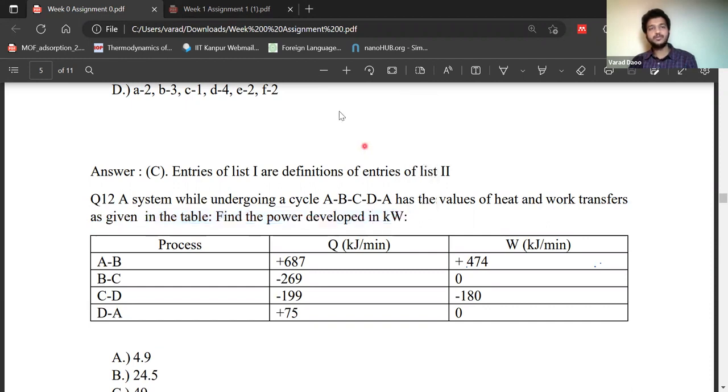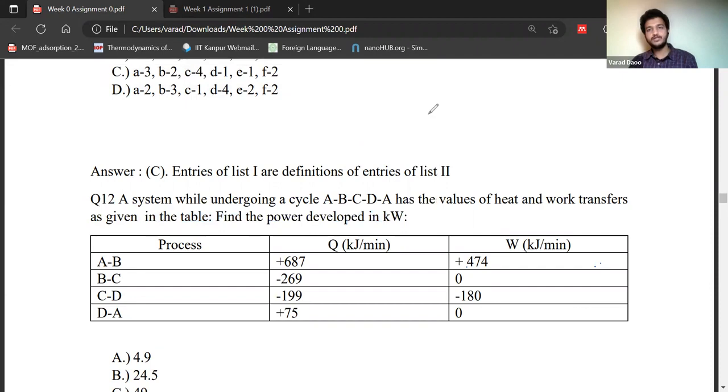To understand, let's say this is P, this is V. This is the starting point A. Let's say it is going from A to B this way, B to C like this. This is point C, this is point D, and it is coming back to its initial point.